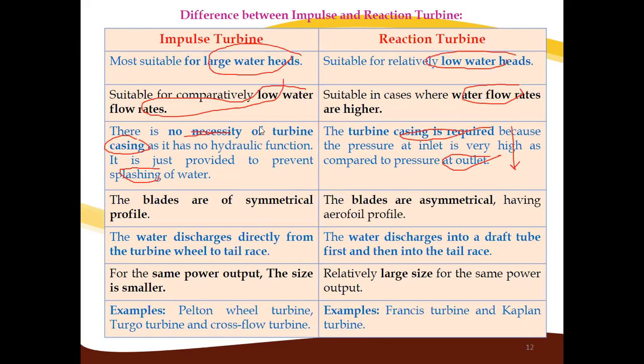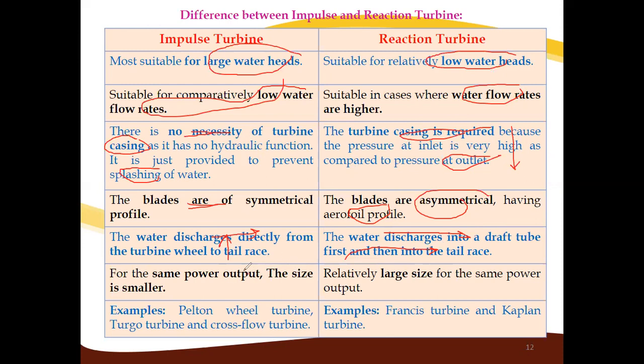Next, the blades are of symmetrical profile in the case of an impulse turbine. The blades are asymmetrical, with an aerofoil profile, in a reaction turbine. Then water discharges directly from the turbine to the tail race in the case of an impulse turbine. In a reaction turbine, water discharges into a draft tube first, and from the draft tube, it discharges to the tail race.